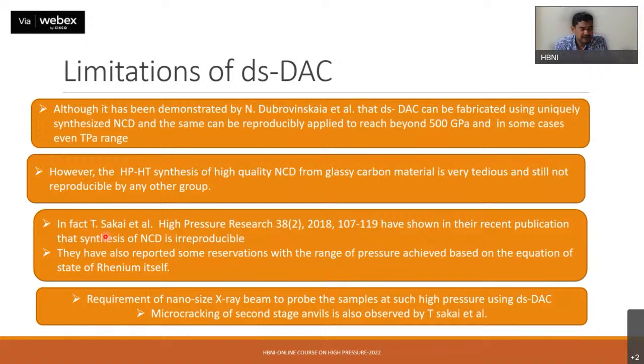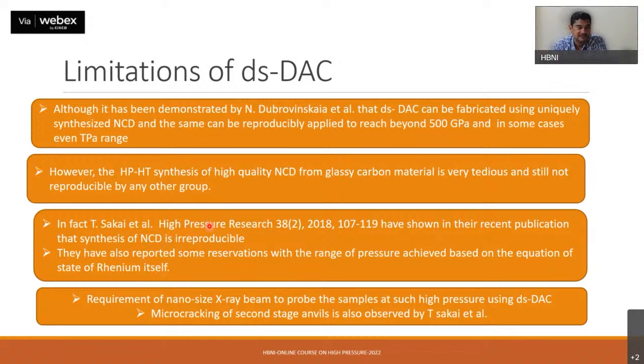In fact, T. Sakai et al. have published a paper in High Pressure Research and have shown in their recent publication that they are not able to synthesize these NCDs, the nanocrystalline diamonds.